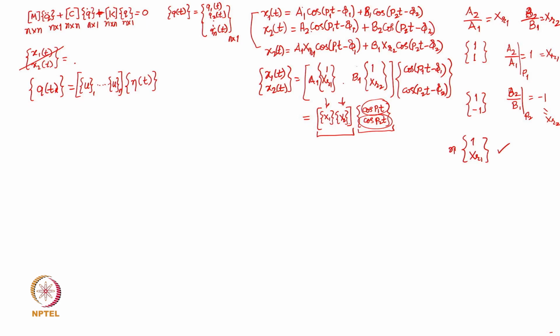Now, this equation is a very powerful equation which defines what is known as modal analysis, wherein the physical coordinate is written in terms of principal coordinates, and this matrix contains all the modal parameters. Why modal parameters? Because that matrix has elements which are the mode shapes of this multi degree of freedom system.